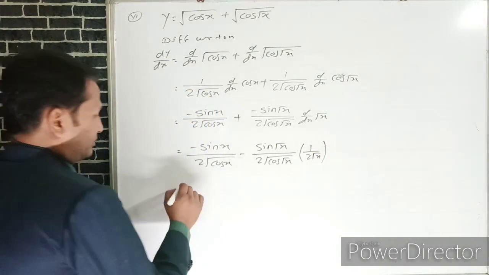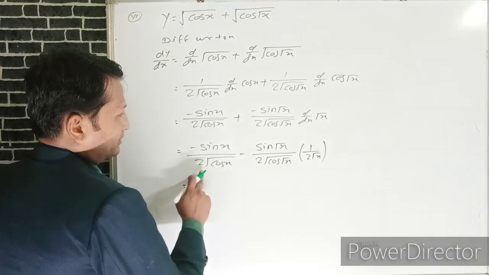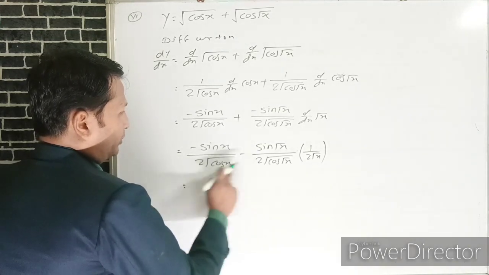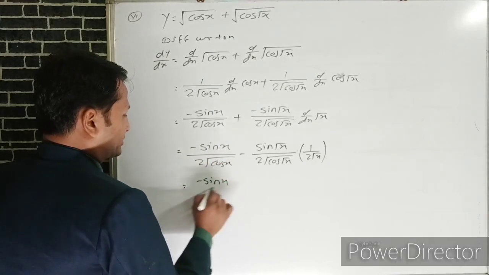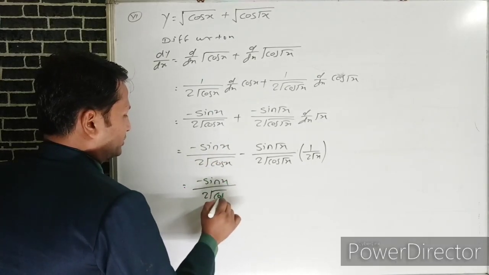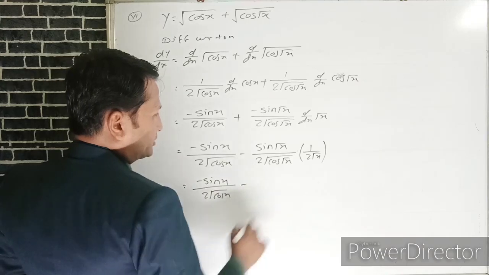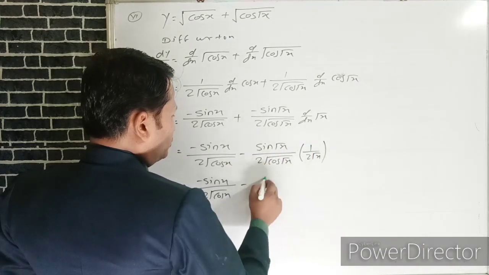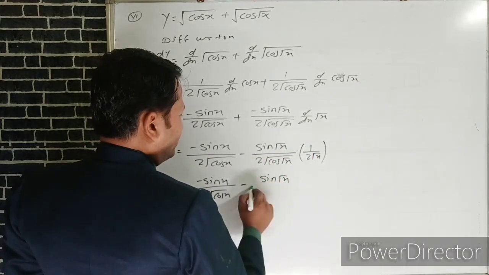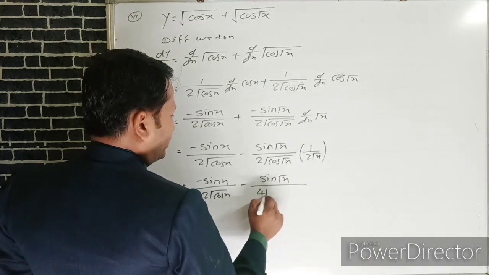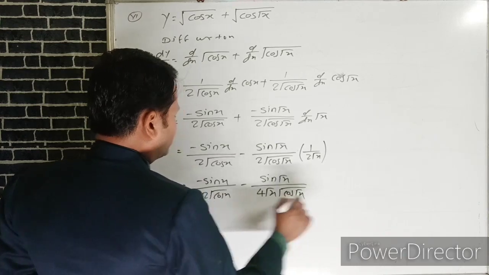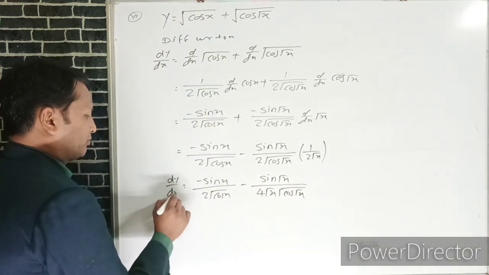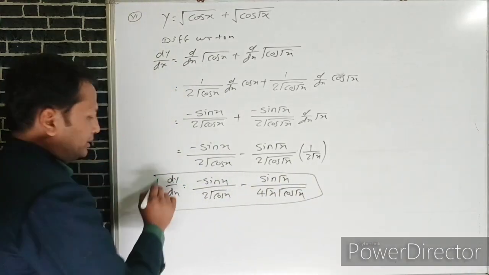After that, if we take 1 by 2 common from here, we get minus sin x upon 2 under root of cos x minus sin root x upon 2 into 2 under root x as it is into under root of cos of root x, which is the required derivative of y, dy upon dx.